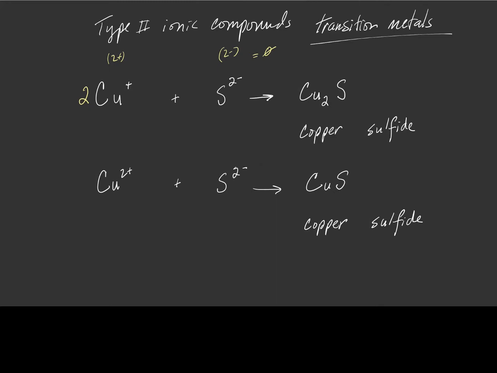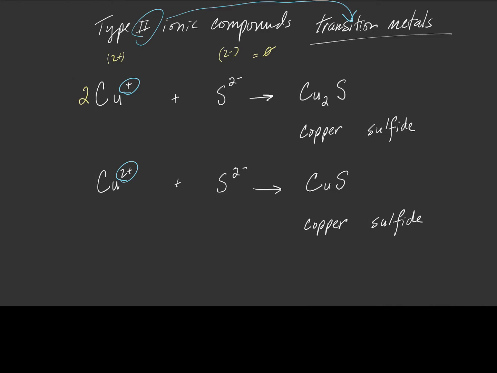At this point, to name type 2 ionic compounds, and type 2 means that there's a transition metal, we look at the charge on the cation, because the only thing that is different between both of these compounds is the cation. The anions are exactly the same: the same charge, the same atom, everything.